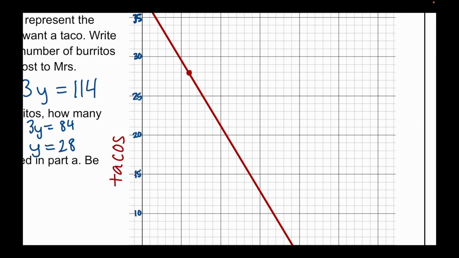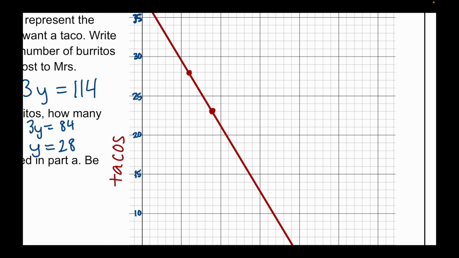Okay, so let's find a new point on here. It looks like maybe this point right here. And if we go 1, 2, 3, 4, 5, 1, 2, 3, it looks like this point right here would actually be an answer. So I'm going to highlight that point and explain what that means.